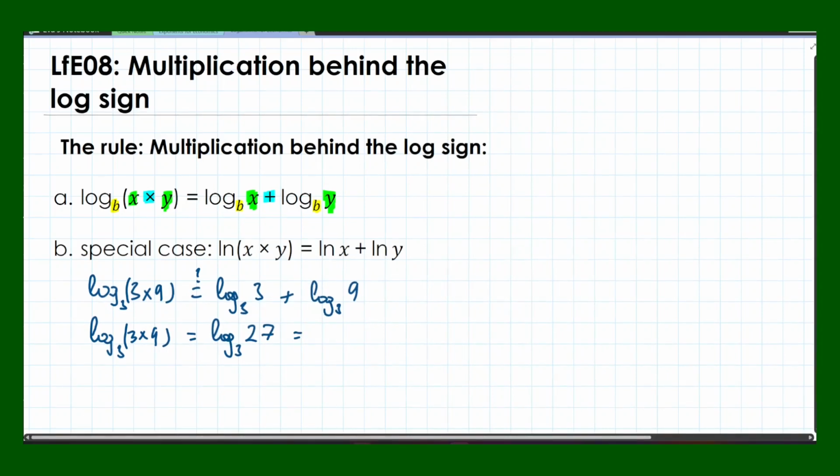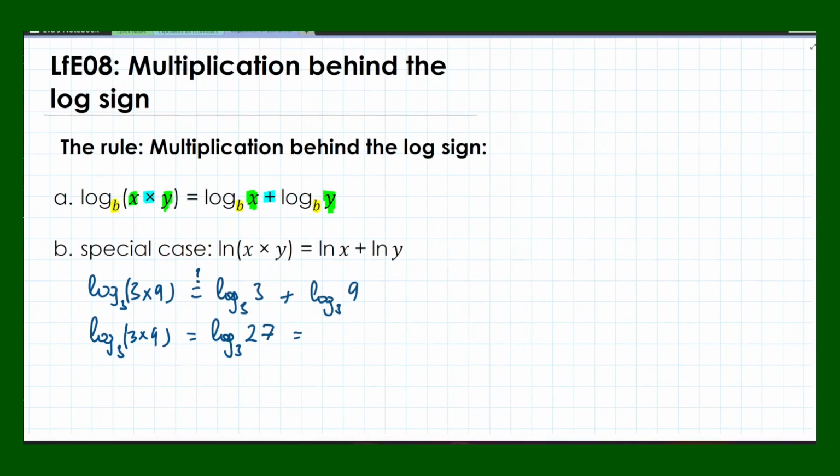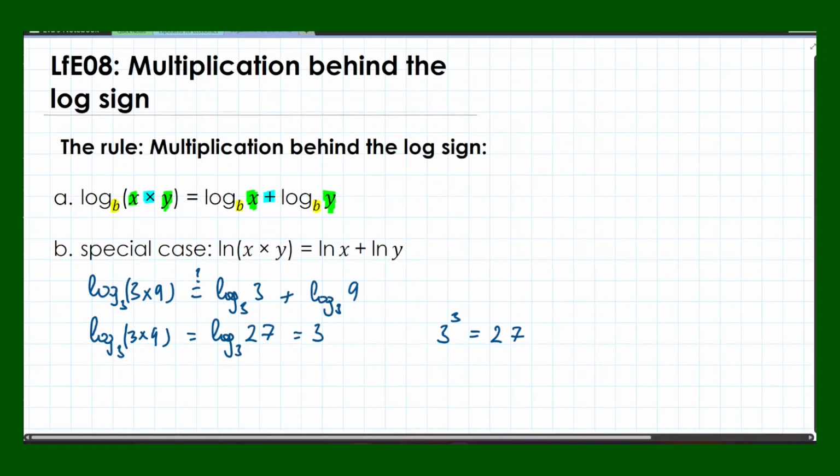If you remember from video 1, we can replace log base 3 of 27 with 3, because 3 raised to the third power gives me 27: 3 times 3 times 3. So the left-hand side of the equality is equal to 3.